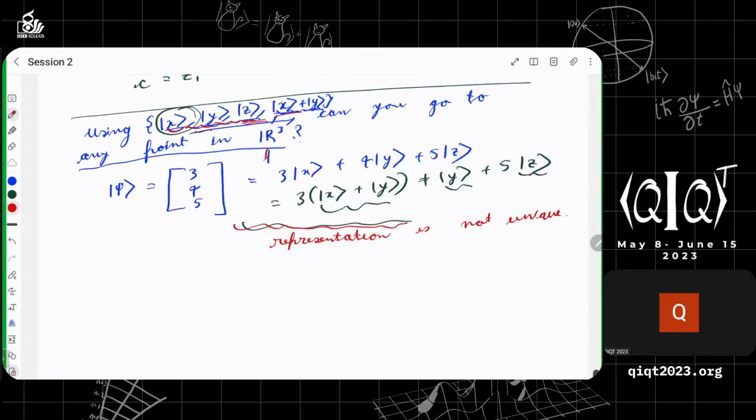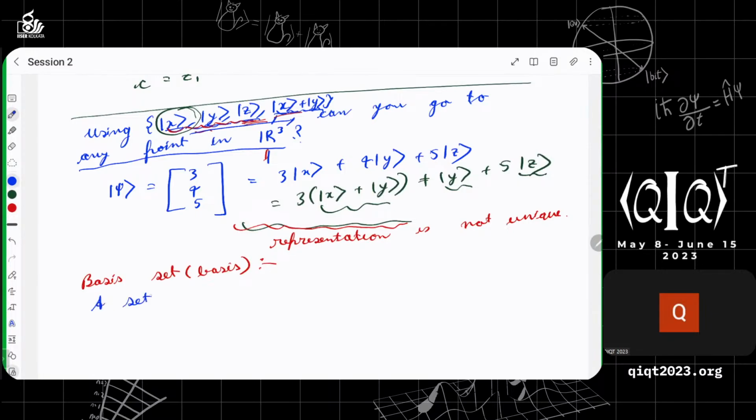Okay, now we will try to define basis, what is a basis formally, and we will try to say which of these examples that we have taken actually forms a basis. It's a basis set, or sometimes we just call it simply a basis.